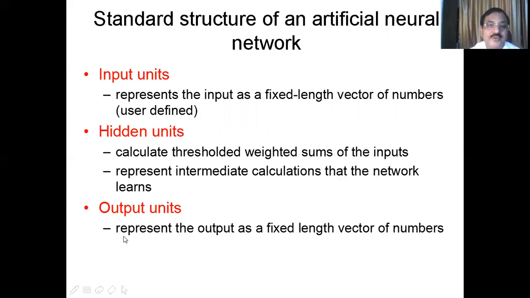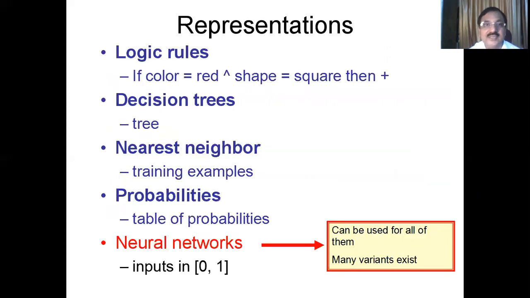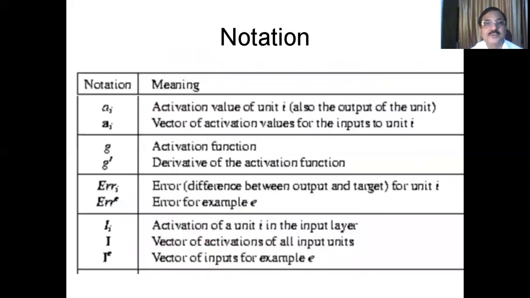The output unit represents the output as a fixed-length vector of numbers. And these are the representations: logic rules, decision trees, nearest neighbor, probability through probability tables, and then the neural network with input 0 to 1.